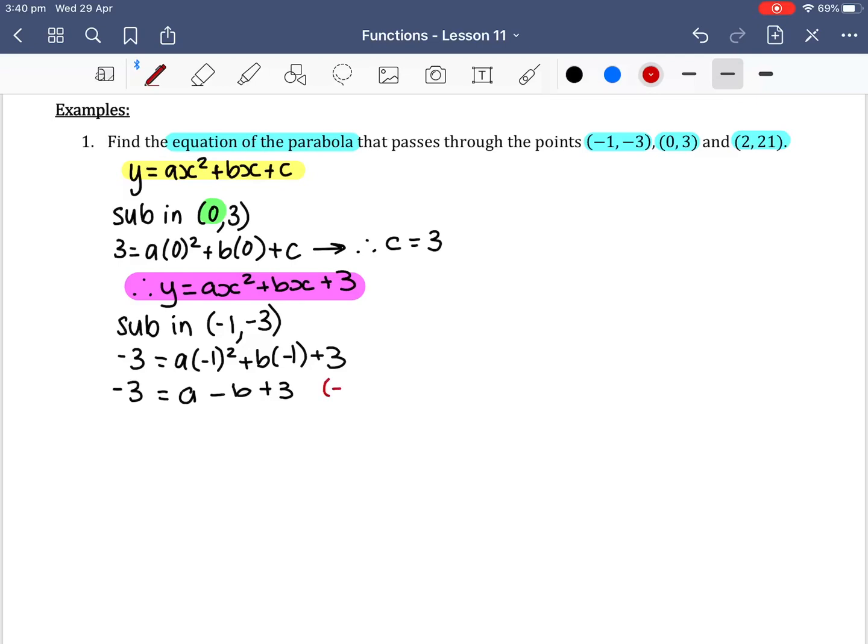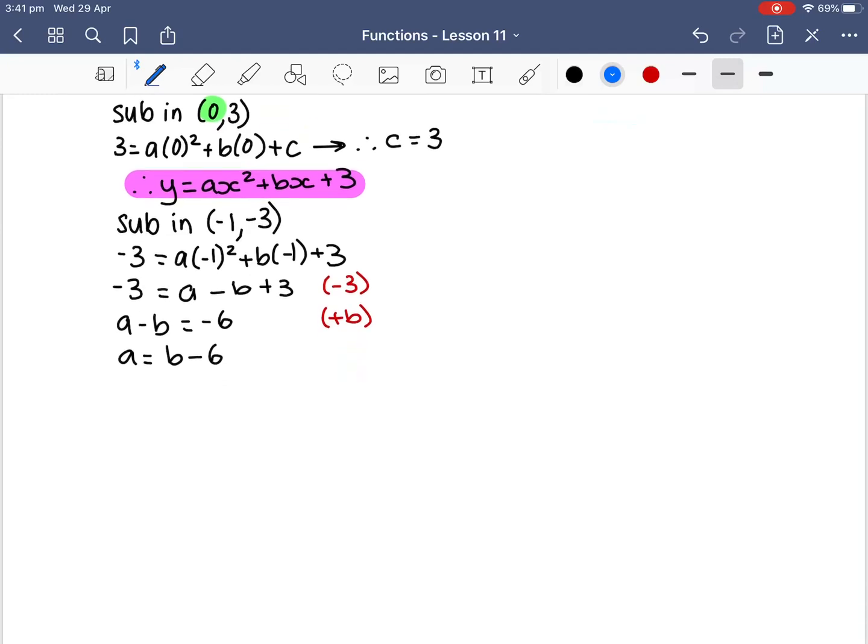We subtract 3 from both sides and rewrite it so that our pronumerals are on the left hand side, so we have a minus b equals -3 minus 3, which is -6. We then add b to both sides, so we have a equals b minus 6, just so that we have this in the form of a equals something. We're going to call this equation 1.